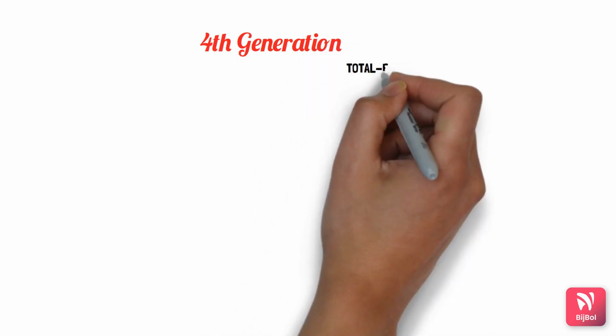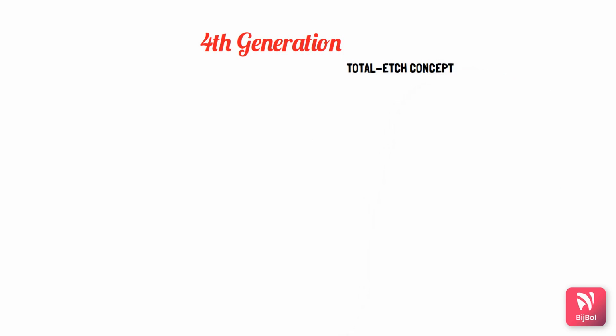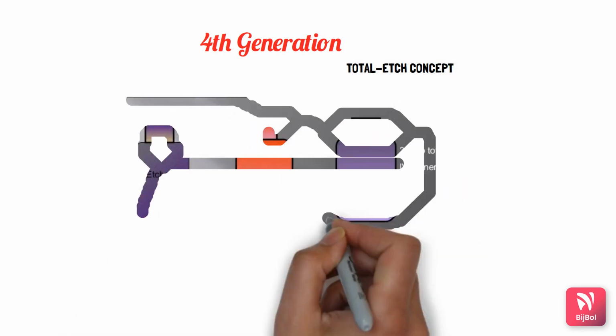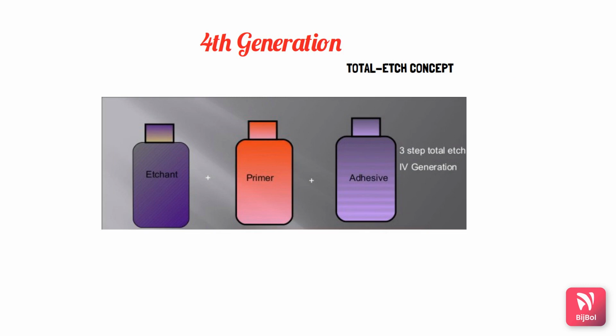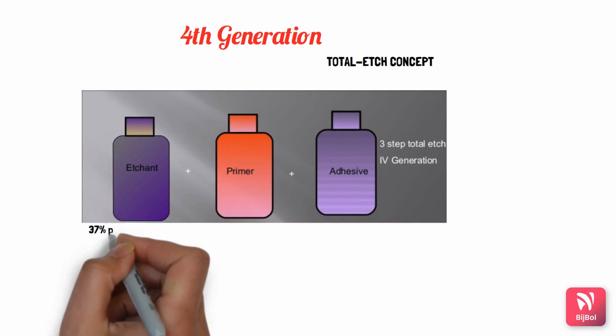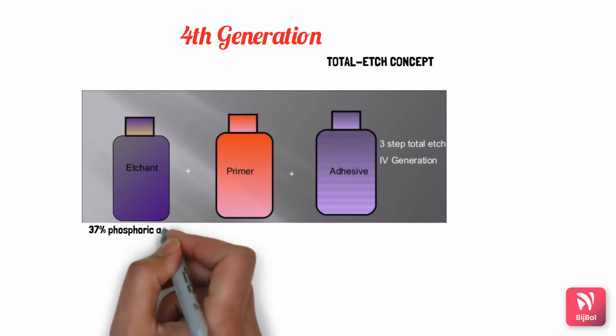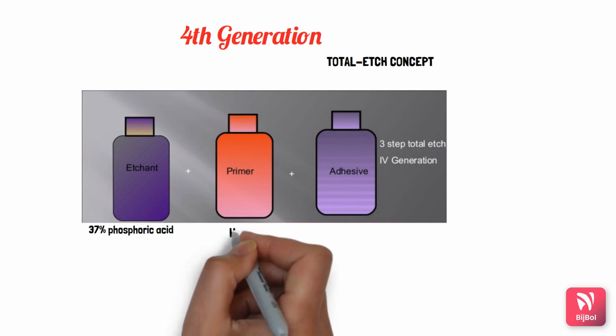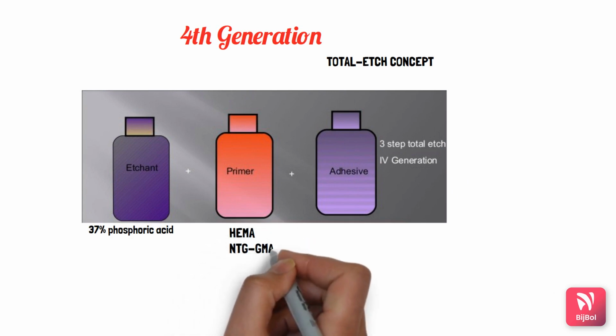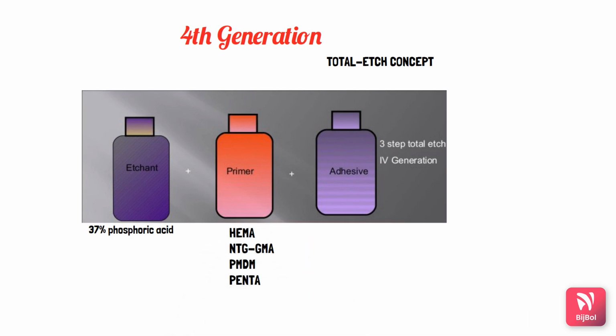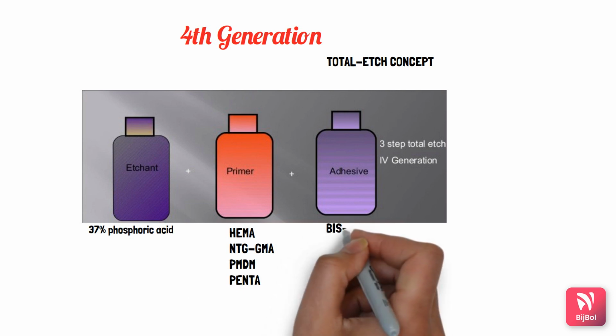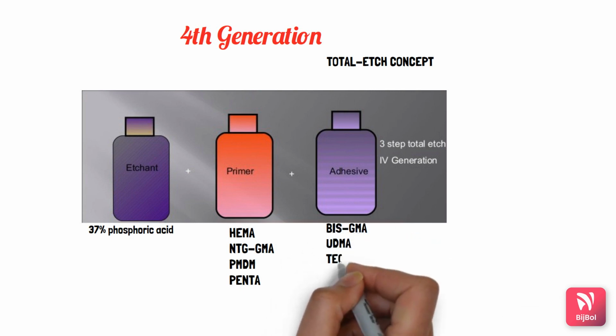Now we'll study the fourth generation dentin bonding agents, where a multi-step treatment of the dentin is done, totally based on the total etch concept. Primarily, the acid etching step was done with 37% phosphoric acid for 15 seconds, and the primer step is the second step, which acts on the moist dentinal surface so as to prevent the collapse of the exposed collagen network.